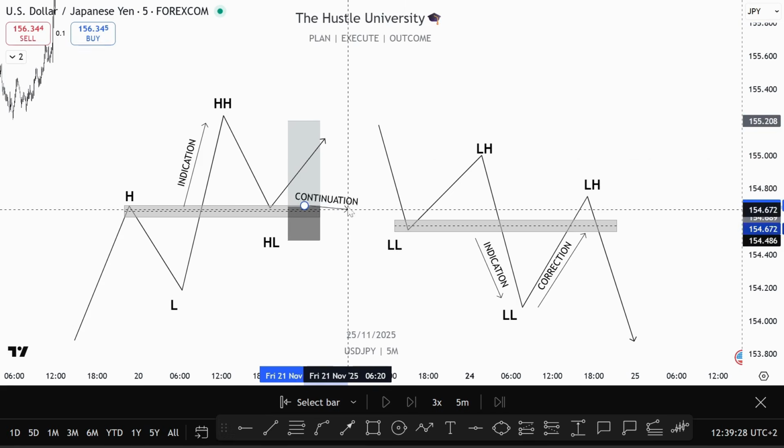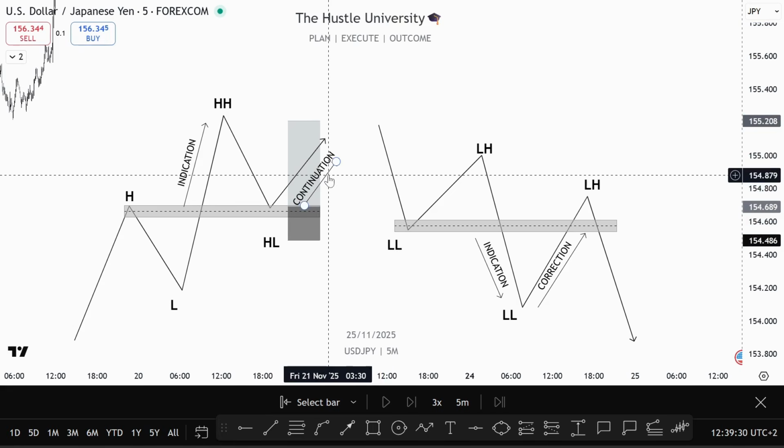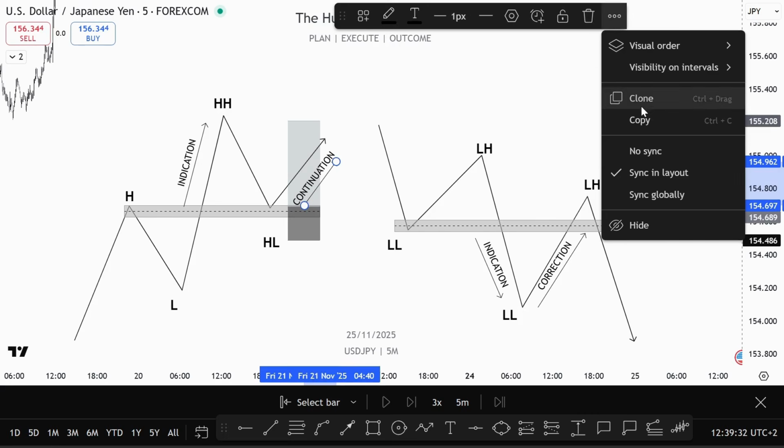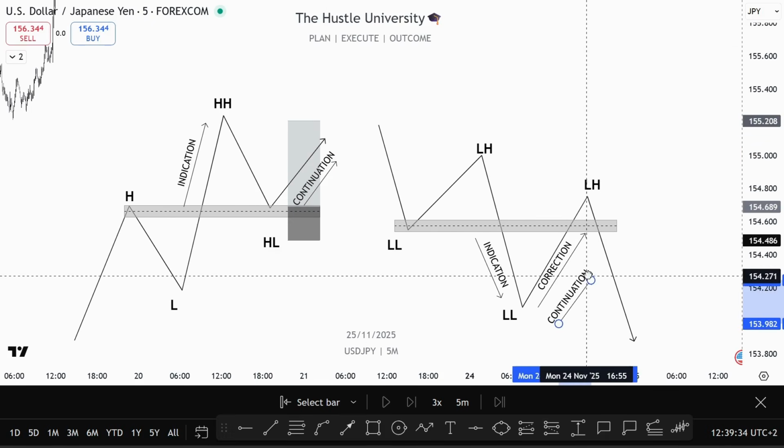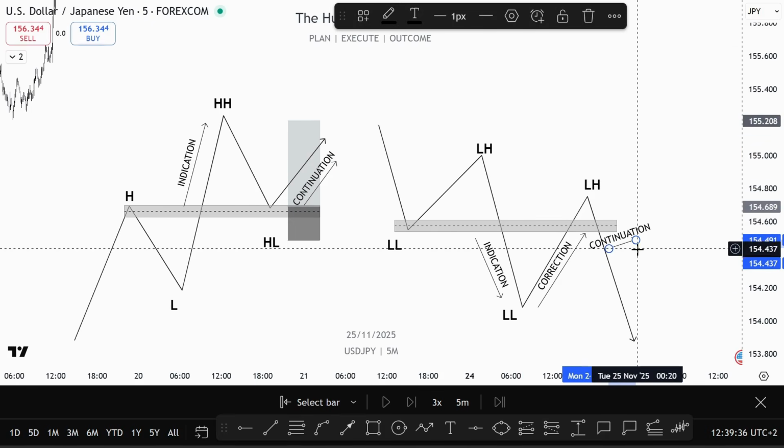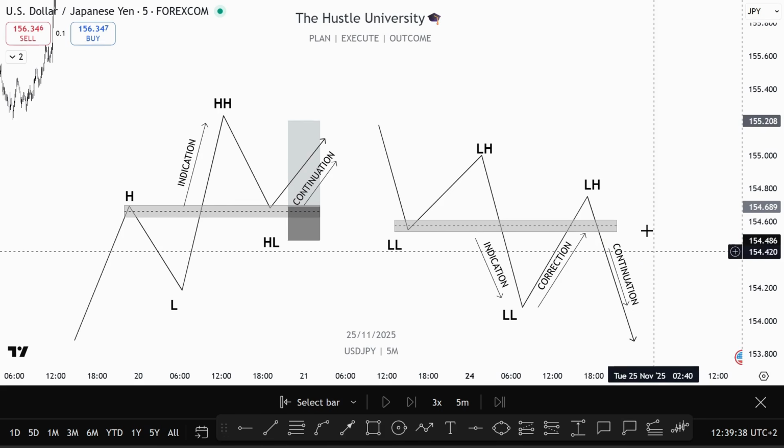This right here would be the continuation to the downside. That's what price has shown you.